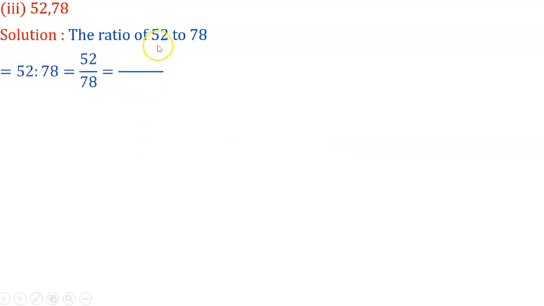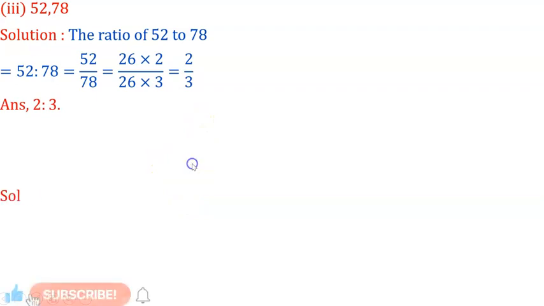Next example, 52 and 78. The ratio of 52 to 78 is equal to 52 upon 78, that is 26 into 2 upon 26 into 3. 26 gets cancelled, you will get the ratio 2:3.